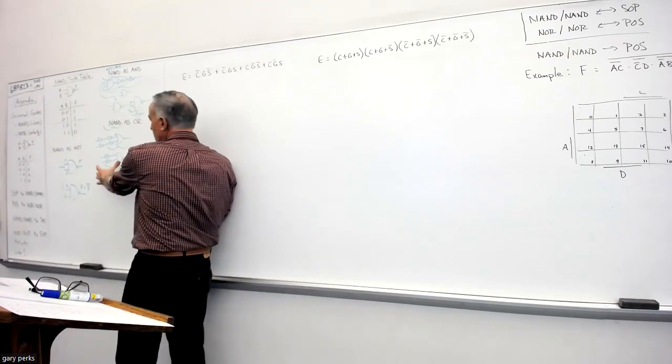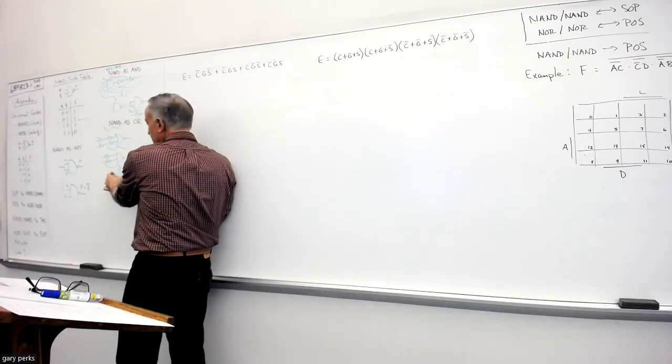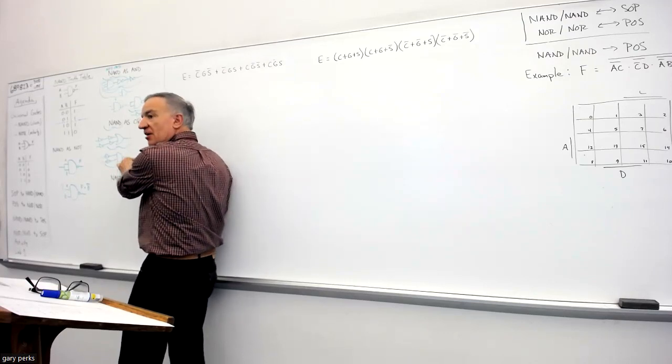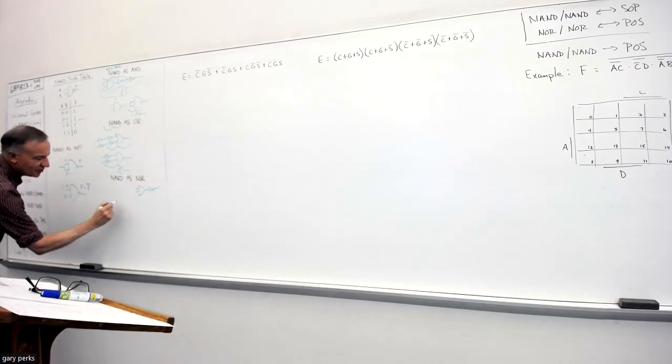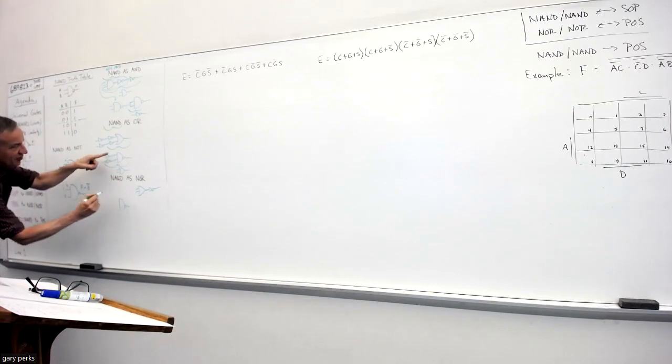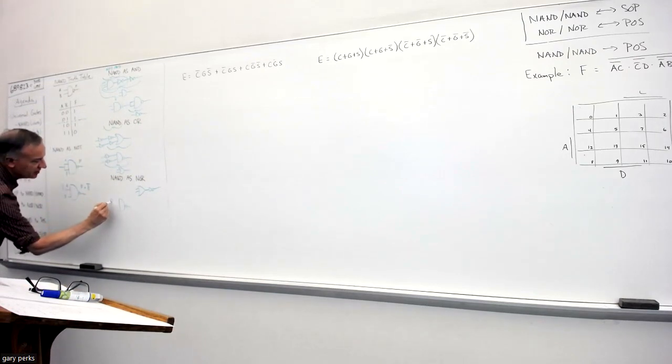Well, look, we just came up with that. These 3 NANDs make an OR. So now all I have to do is take these NANDs that act like an OR and invert the output of this. So the NOR is just going to be what we had for the OR. I'm just copying what we have up here.